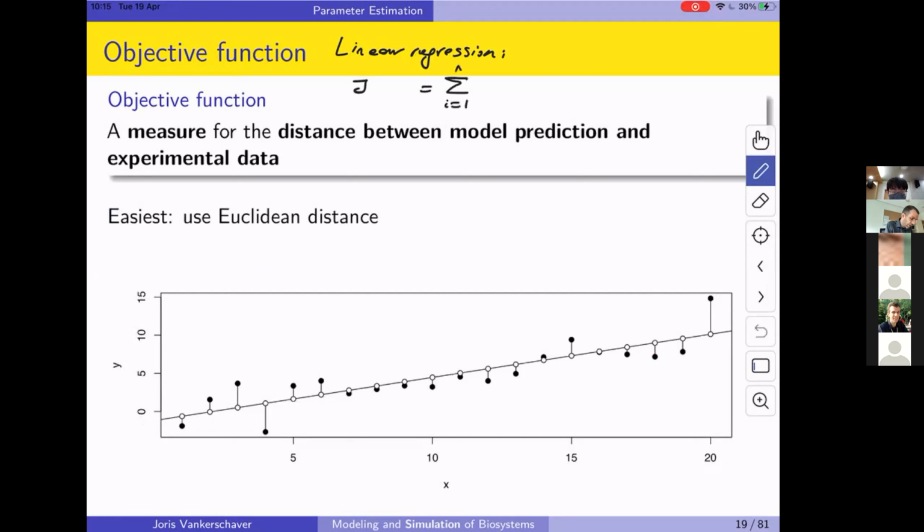So let's say we have n data points, (x1, y1), and so on, up until (xn, yn). And we'll take the residuals. So we'll take the actual value, yi, and we'll subtract from that the predicted value. So for linear regression, that was alpha, the intercept, plus beta times xi.